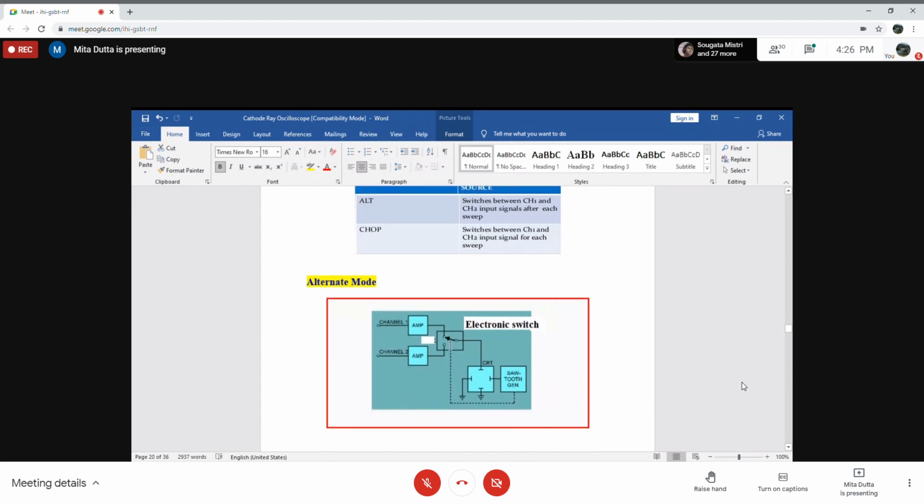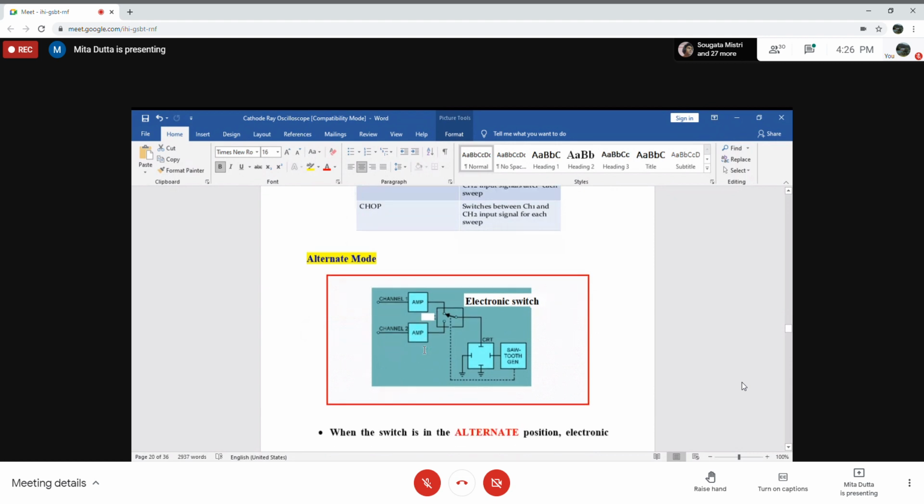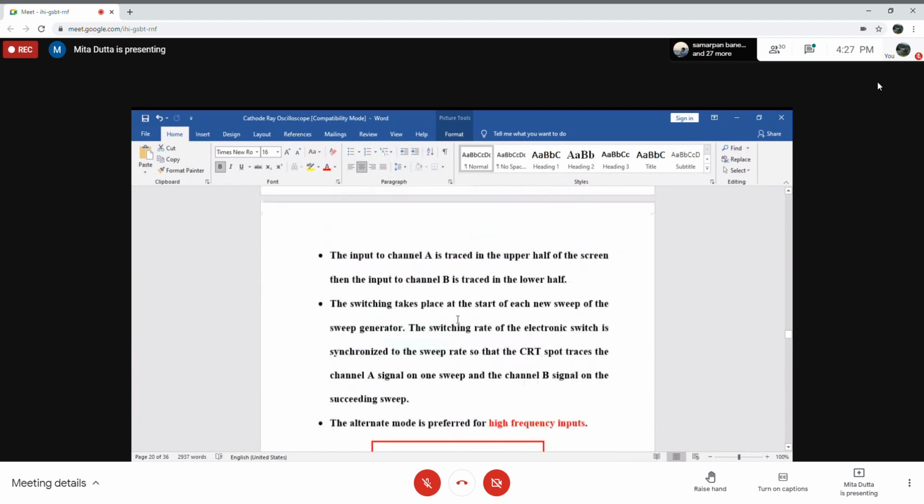This is the alternate mode of operation. When the electronic switch is in alternate position, it will connect the channel 1 vertical amplifier for one sweep and the channel 2 vertical amplifier in the next sweep, just like this.